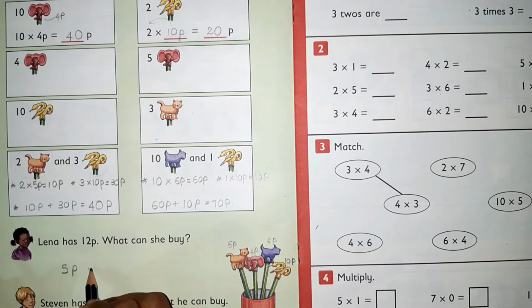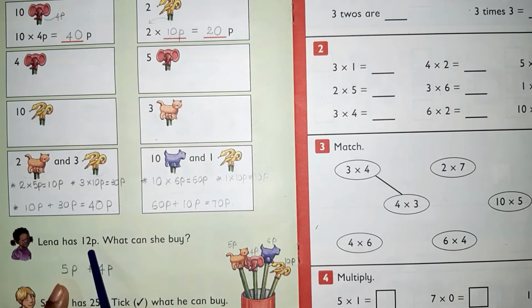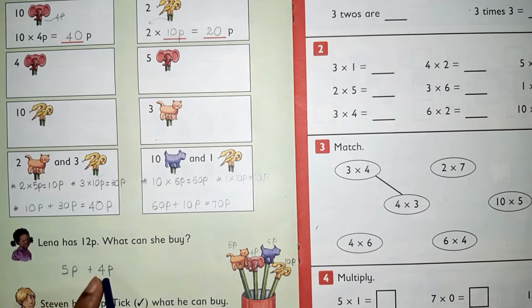And again I'm going to buy this elephant pencil, 4 pence. Before going to choose another one, I'm going to check whether the money is enough or not. Now we know 5 plus 4, how much altogether?